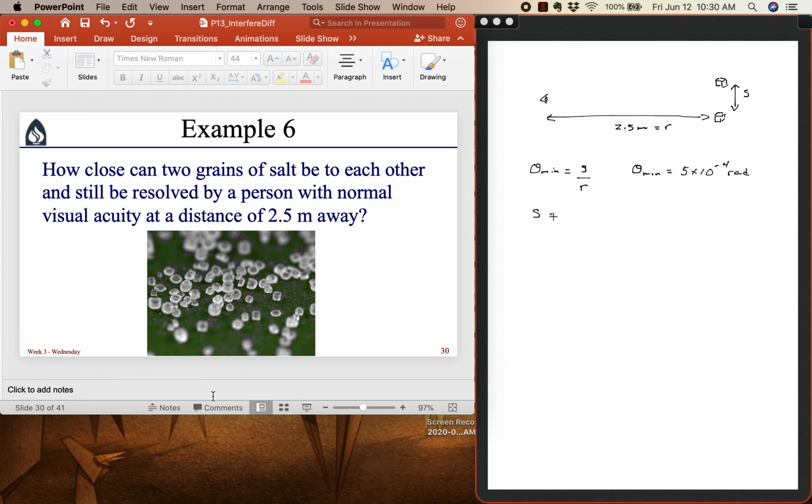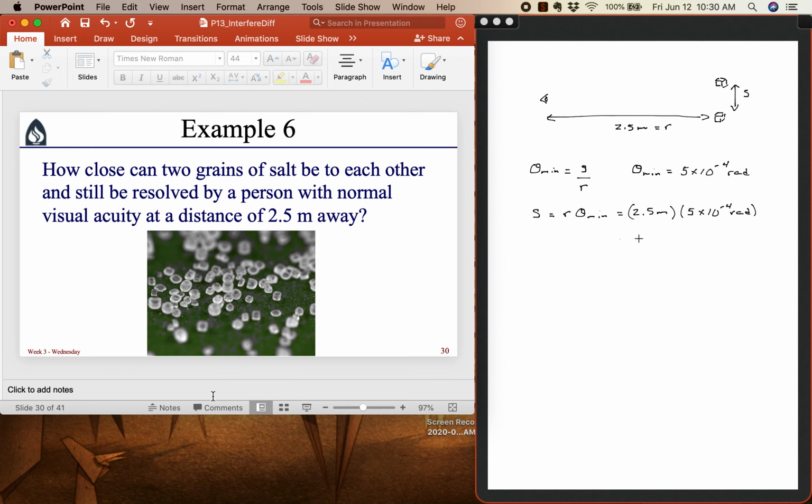So s is going to be equal to r times theta min. And r is 2.5 meters. And the average minimum separation angle for normal human vision is 5 times 10 to the minus 4 radians.